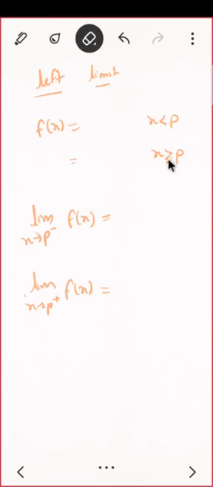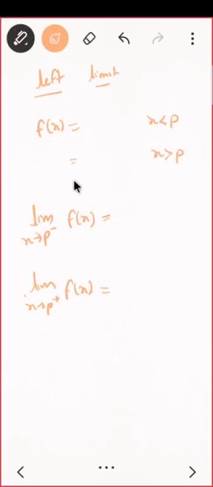You have to find the limit as x tends to p minus, and next you have to find the limit as x tends to p plus of f of x, correct? I'll break it into three parts: x less than p, x equal to p, and x greater than p. You have to find these two limits.